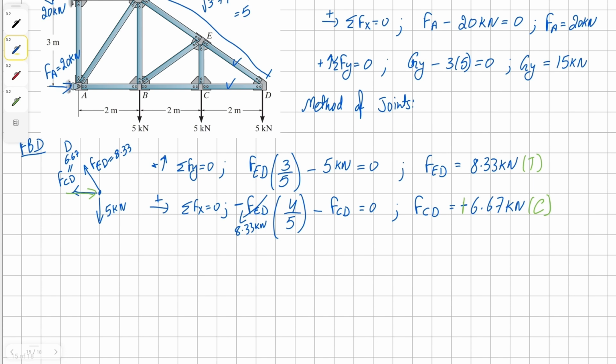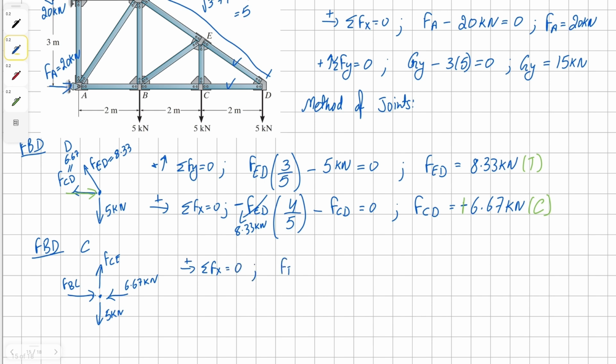we can proceed to the next section, which is going to be our joint C. At joint C, we have external force of 5 kilonewton, force from member CD at 6.67 kilonewton, unknown force in member CE, and another unknown in member BC. Let's sum the forces in X direction to find the force in member BC.